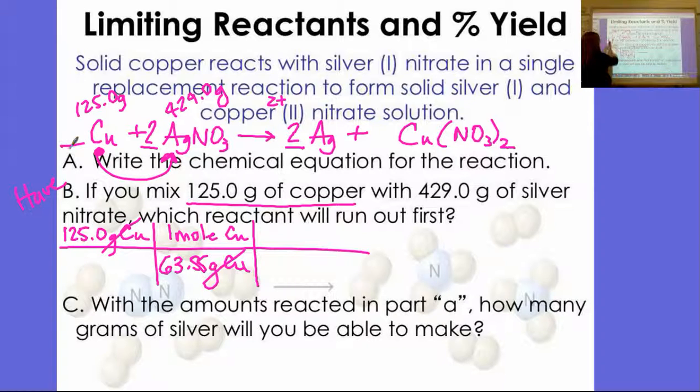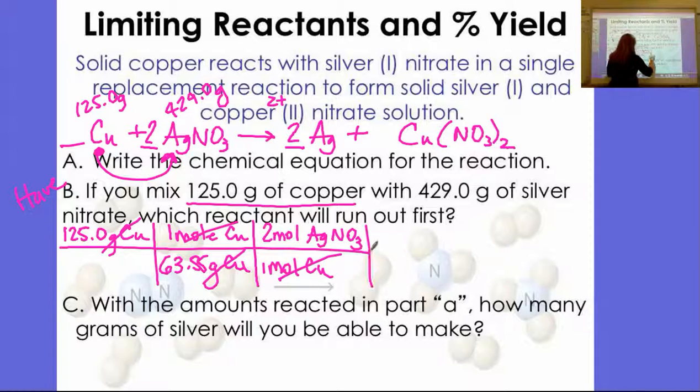My ratio is 1 to 2. 1 mole has to go on the bottom because I need to cancel out copper. 2 moles of AgNO3. I didn't want to get to moles. I need one more step. I said it was 3 steps. I need to get to grams.